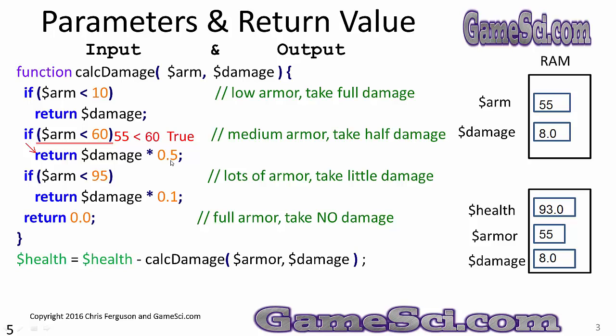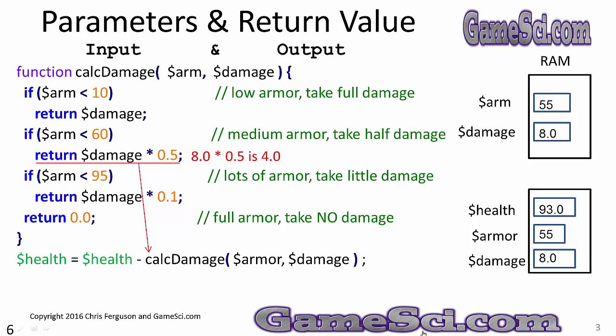Damage value of 8 should be cut in half. And when we execute damage times 0.05, we'll get a 4.0. Does that make sense? Let's say your maximum armor amount is 100 and you have half of that, 50. You should take half damage when you get hit. So we'll calculate that half damage as 4.